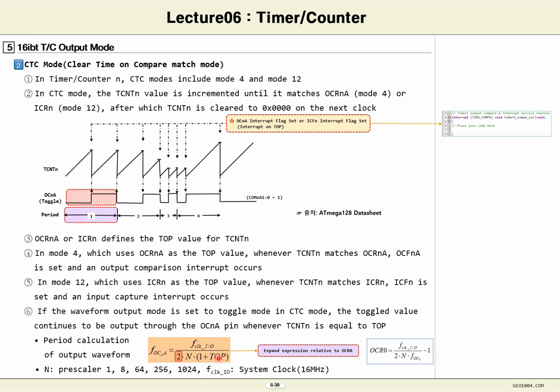Since we need to know the OCR value to create a specific frequency in this equation, the equation must be developed as you can see. So, you should know that this formula is provided in the Excel file, as I explained in the 8-bit timer counter CTC mode.